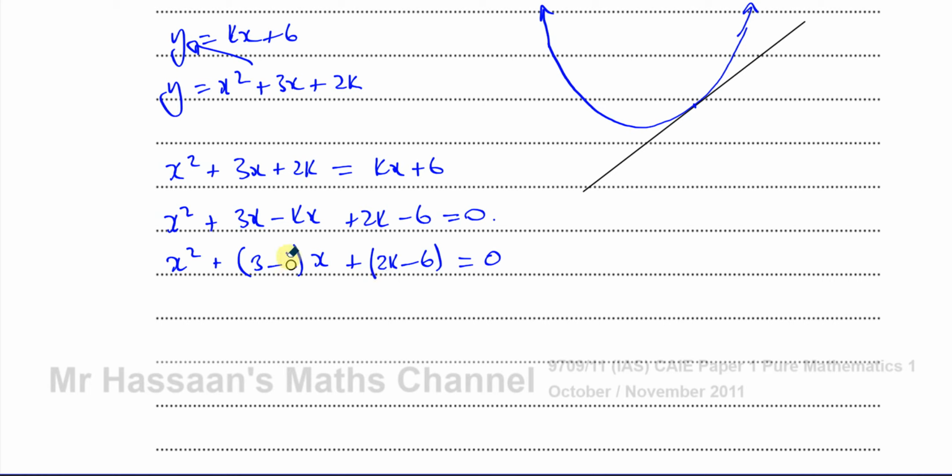What we should understand, and it's very important, is that we know this only has one solution. If y equals kx plus 6 is a tangent, then there is only one real, or you can say repeated, root.